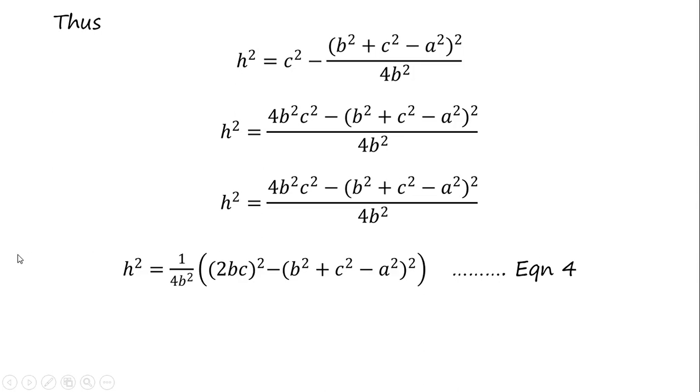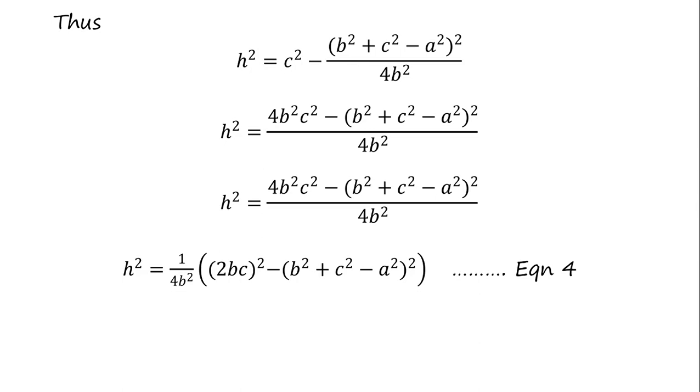Now, one of the most important parts of this derivation is coming up with this relationship, being able to eliminate the products, and then come up with a single relationship between the three parameters a, b, and c.